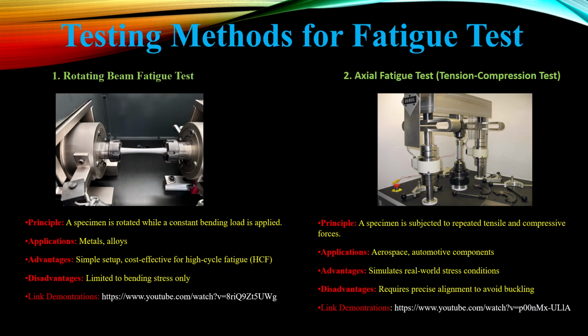The first point describes the rotating beam fatigue test, a widely used method where a specimen is rotated under constant bending load. This test is primarily applied to metal and alloy to evaluate their fatigue behavior.